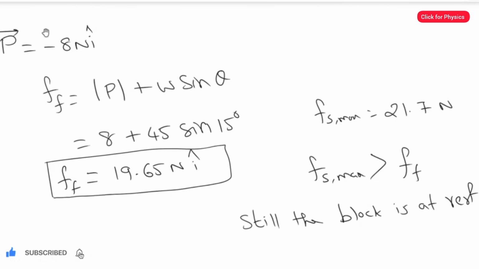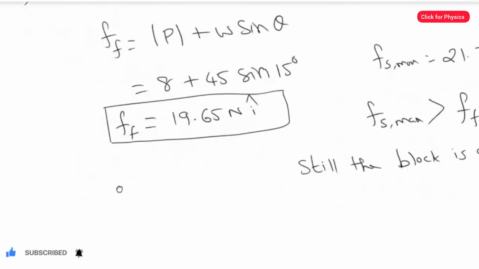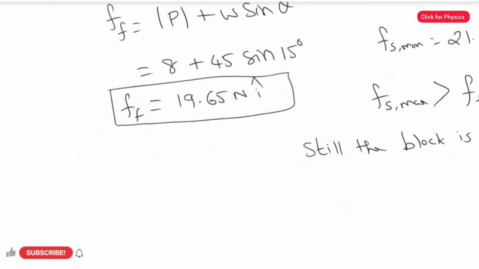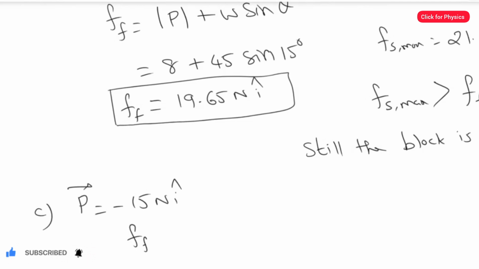Now let's see, after we apply the third value of P, what is our third value of P, which is minus 15 Newton I cap, which is already given in the question. Let's substitute the value of the third P vector, minus 15 Newton I cap, again in the second equation. What is our second equation? Magnitude of P plus W sine theta.